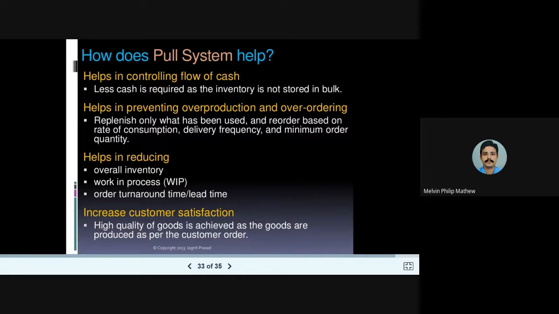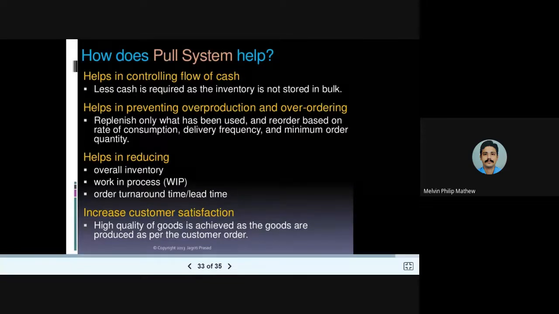Such products are called work in process or unfinished products. The pull system helps in reducing them, because according to demand only we are producing, so there will be a lower number of products being replaced. Thereby, work in process products will be less.